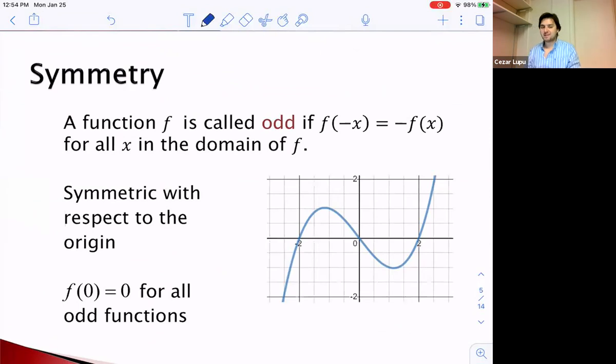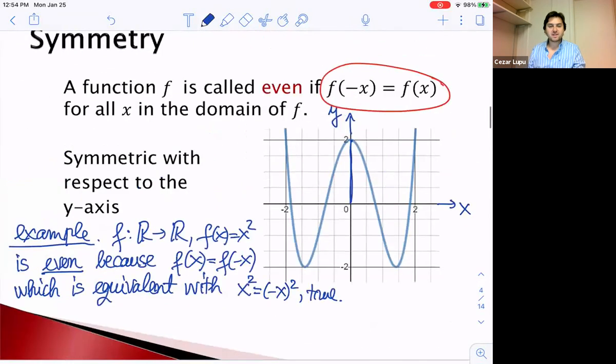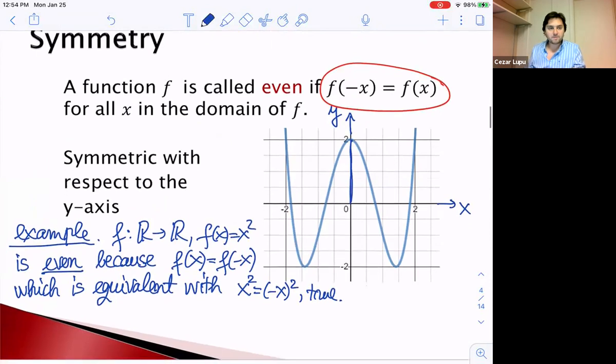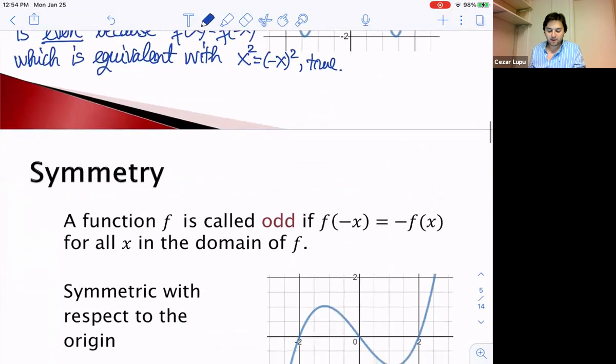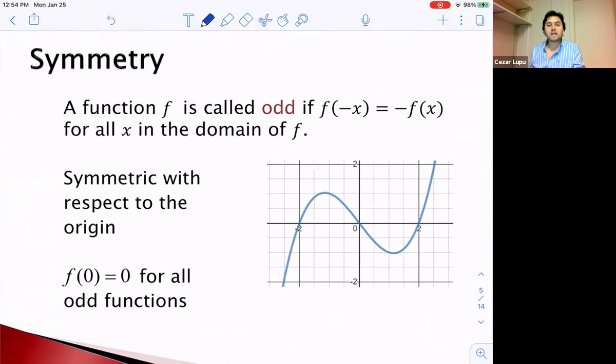That's the difference. Look back: for even functions, we had that f of negative x is f of x, but now for odd functions, f of negative x will be negative f of x, for all points x in the domain of f.